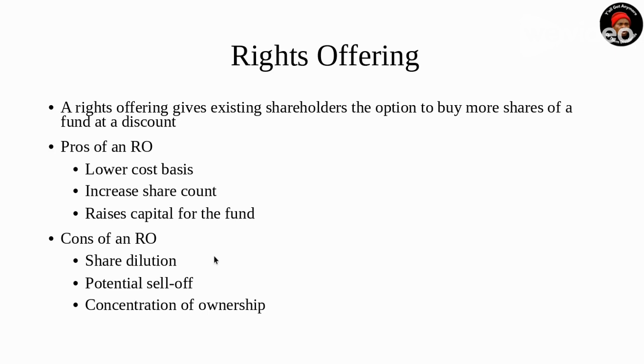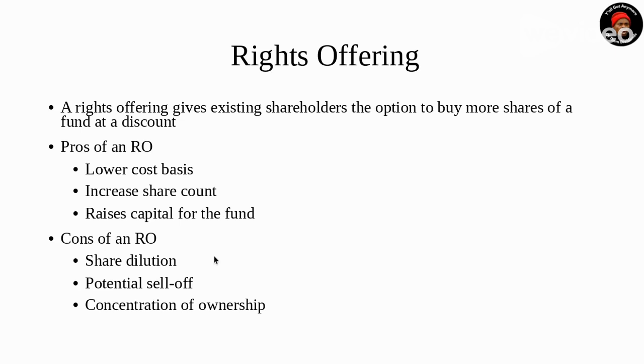You're going to divide 2 billion by 230 million. I'm not good at math, so I can't do that in my head, but you get where I'm going. That $10 that you had before is not going to be the same price of the shares after the rights offering, because now there's an additional 30 million shares that the asset value is distributed across. So just keep that in mind with the rights offering.